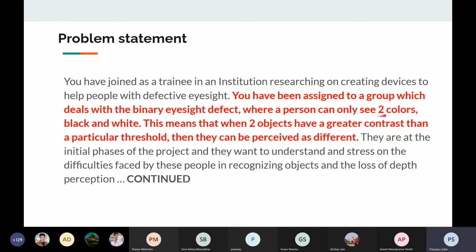I think you know about color blindness; this is a bit more defective than that. There are two colors, black and white. That means if two objects have a greater contrast than a particular threshold, then they can be perceived as different. Did you understand this point? Any one of you can answer me.